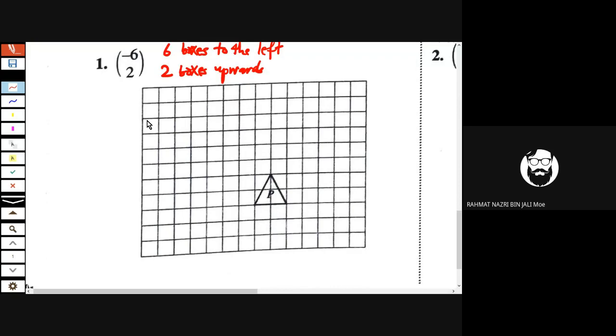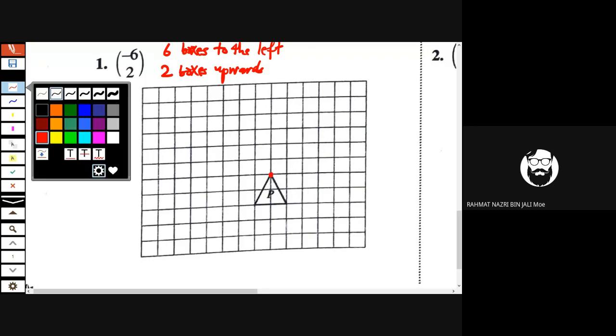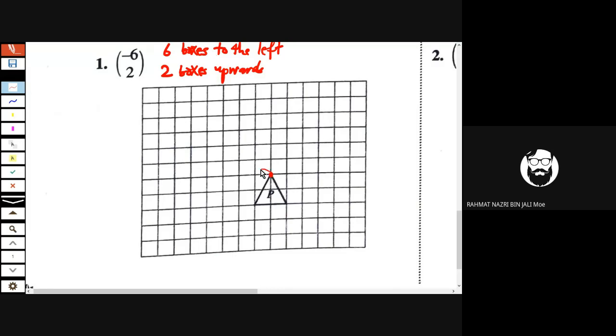Jadi kita ambil satu titik, kita gerakkan satu titik dahulu. So the rest will follow. 6 boxes to the left. Okay, gerakkan satu-satu. 1, 2, 3, 4, 5, 6.